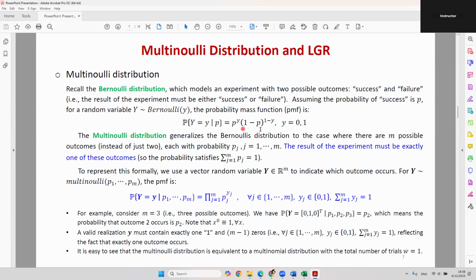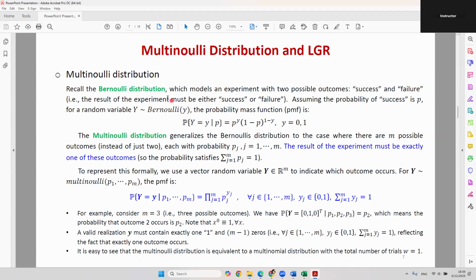Indeed, the Bernoulli distribution is a special case of the binomial distribution in which the number of trials n equals 1. So that's from a binomial to the Bernoulli distribution.